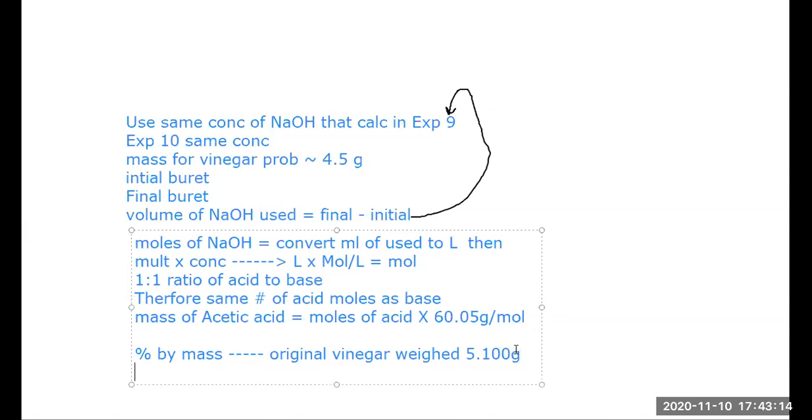And if I had, let's say, 0.412 grams of acetic acid.